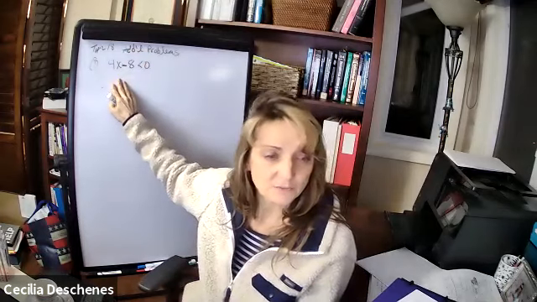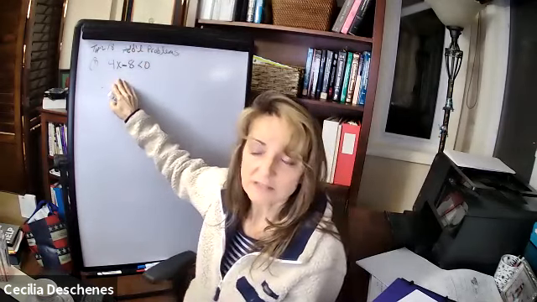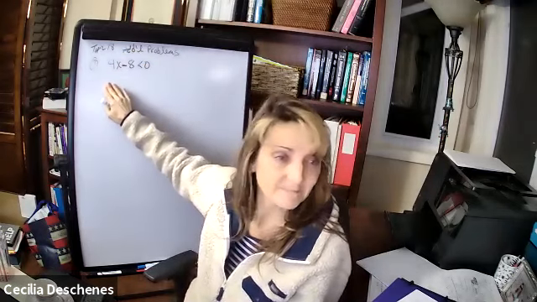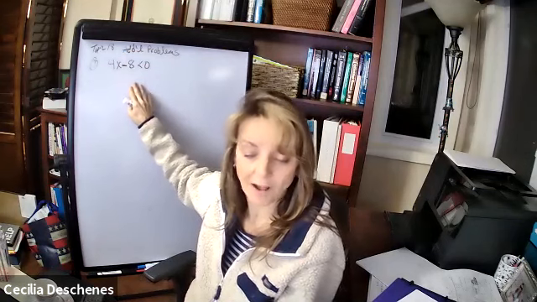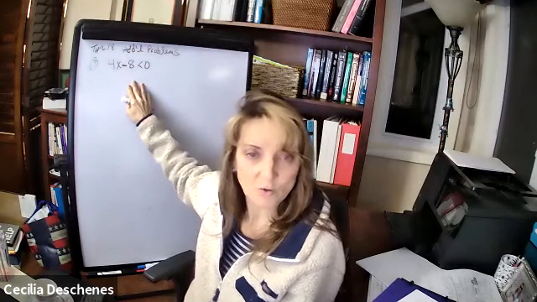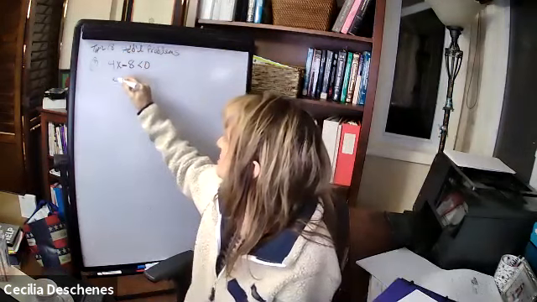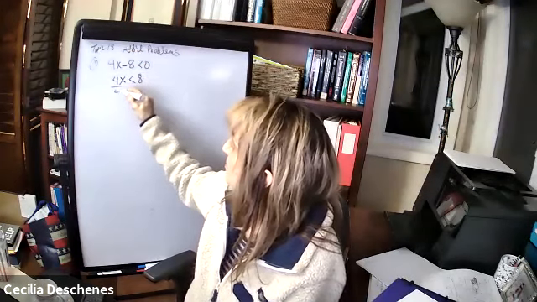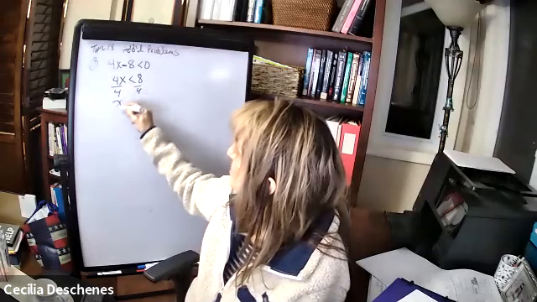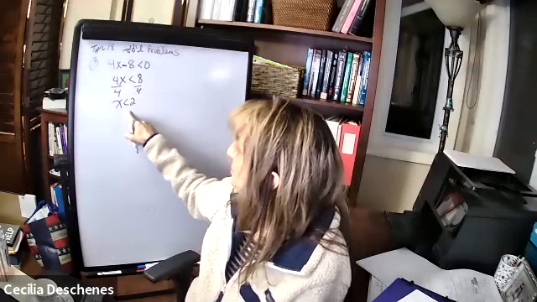So this one is different. Right off the bat, we have one that's a little different because there's no y in it. So whenever you have an inequality and you don't have a y, just go ahead and solve for x. So we are going to add 8 to both sides, and then we're dividing by a positive 4. So that means x is less than 2.